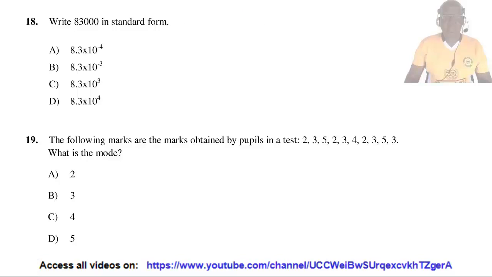Since we have divided by 1 with 4 zeros, we should multiply by 1 with 4 zeros.